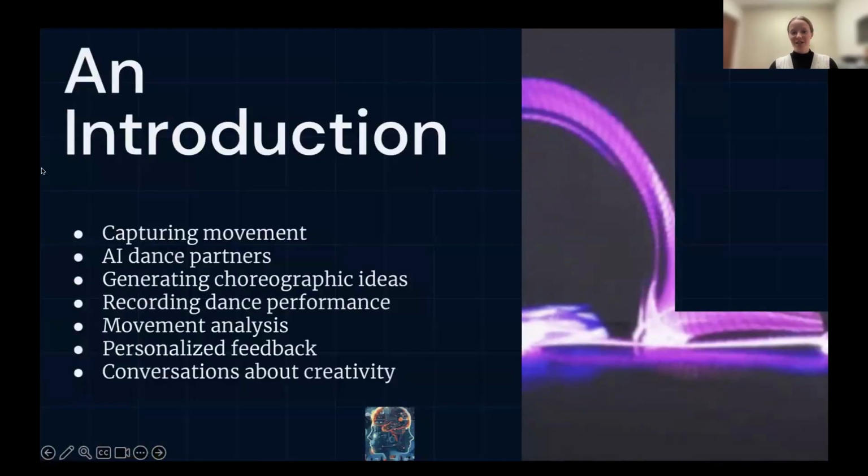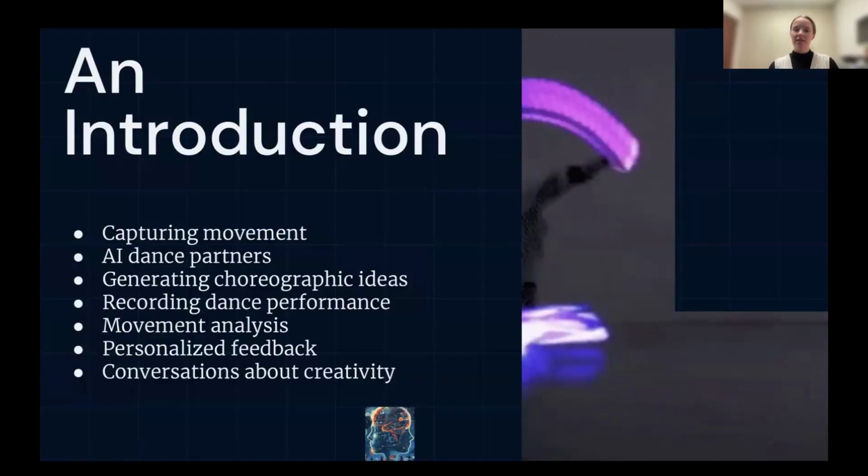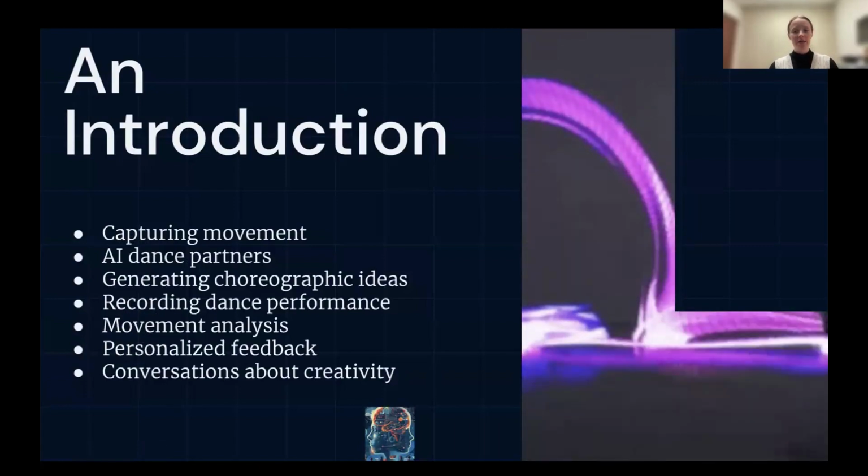A little introduction of what might be used with AI in dance. As I started looking into this, I found that there are a lot of AI tools for students in the writing process, revision and editing papers, and the start of the writing process.